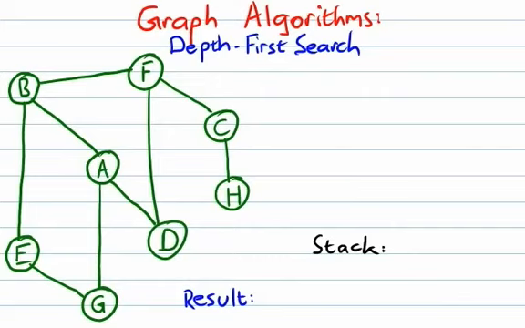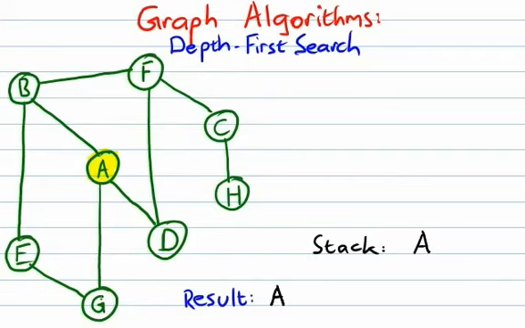And the first thing that we're going to do is take the vertex A, push it onto the stack, visit it, and mark it as visited. Okay, now we take a look at the vertex at the top of the stack, A, and all of the vertices adjacent to it that haven't yet been visited.